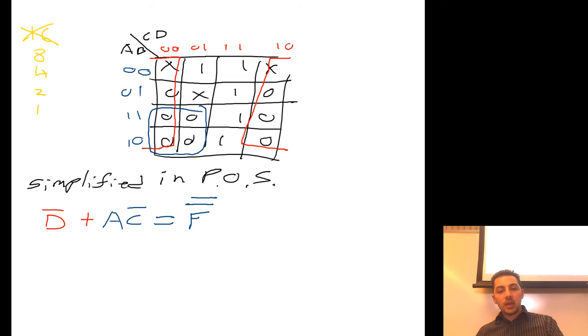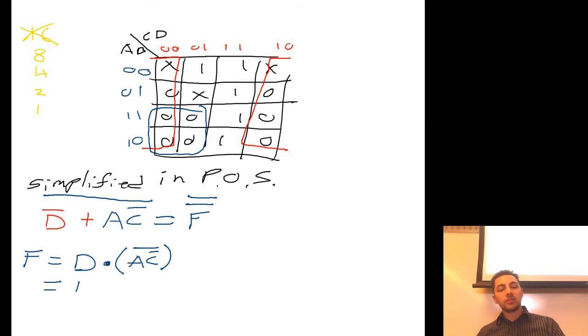So if we invert both sides, we'll end up with F is equal to, by applying De Morgan's law, D ANDed with A NAND C bar, which we can apply De Morgan's law to again and get A bar or C. That is a product of sum representation. That's where you should stop for a product of sum.